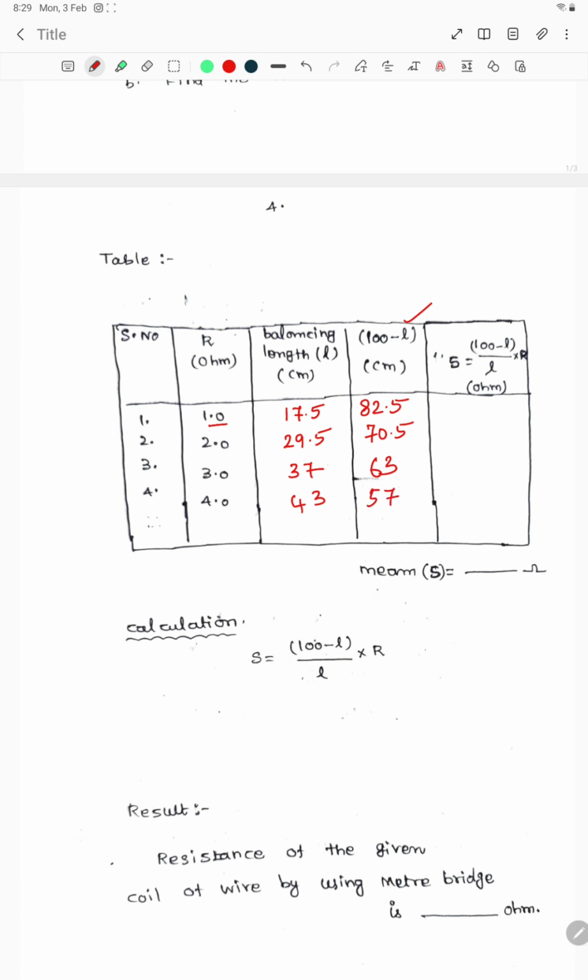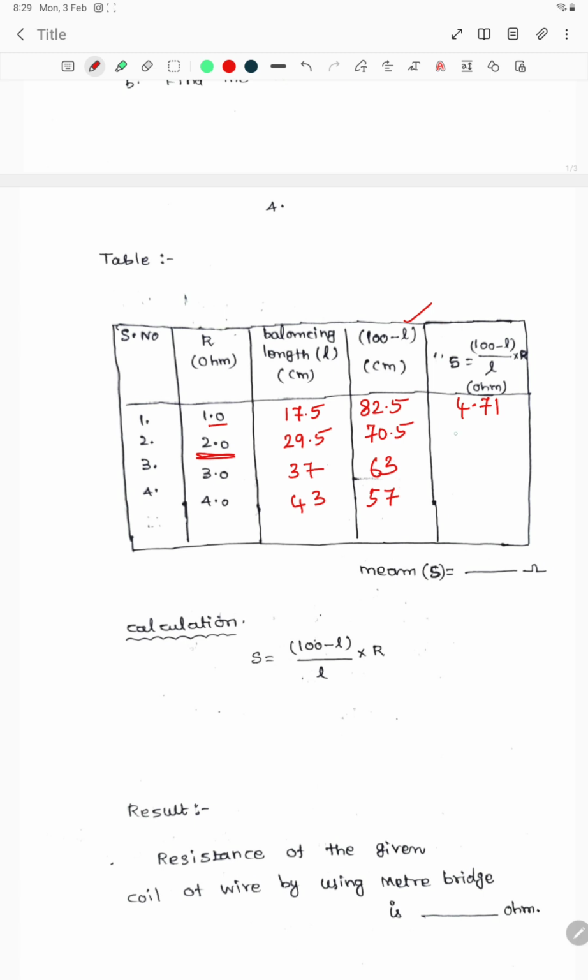Once this is done, you will find the S value. S is equal to 100 minus L by L into R. First you will do 100 minus L by L. That is 82.5 divided by 17.5, then you multiply this value with the resistance R, so into 1. That is going to be 4.71. The next one is 70.5 divided by 29.5 multiplied by 2, the resistance here.